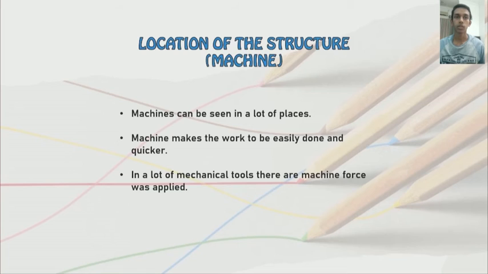This is because machine tools make the work a lot easier and done as soon as possible. But there are still some hand tools, and in this report the tool that has a machine application is a hand tool that can be used for cutting wires and cutting small things.